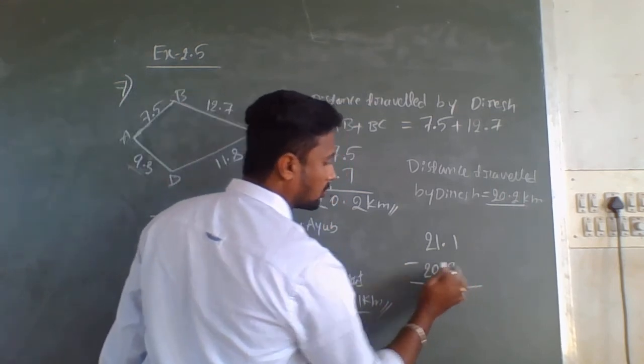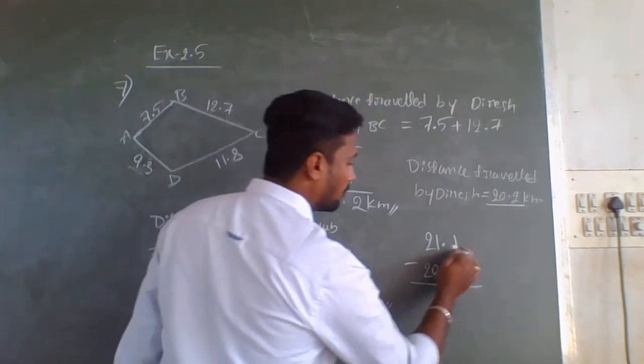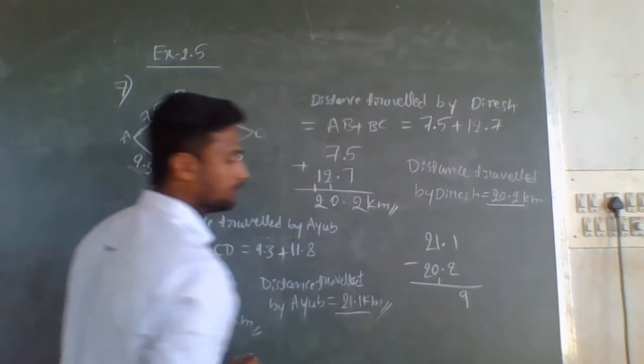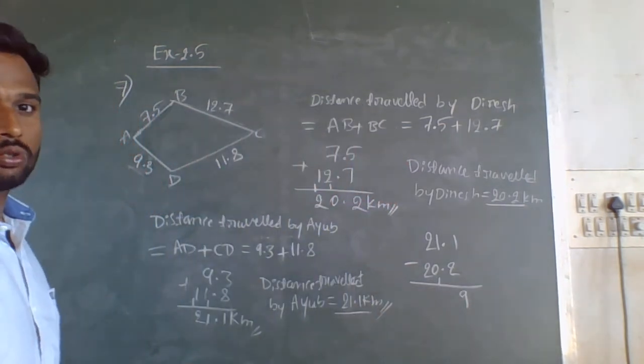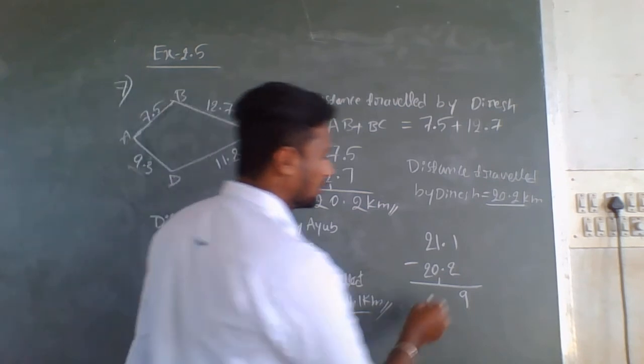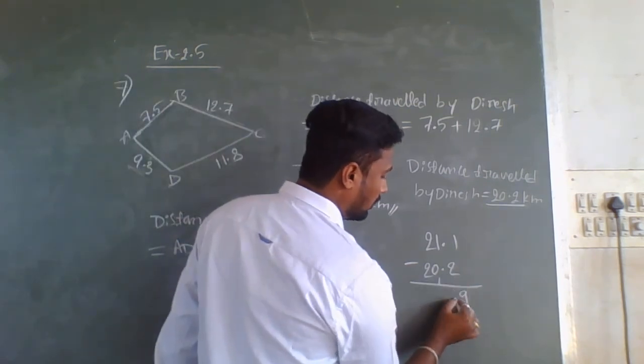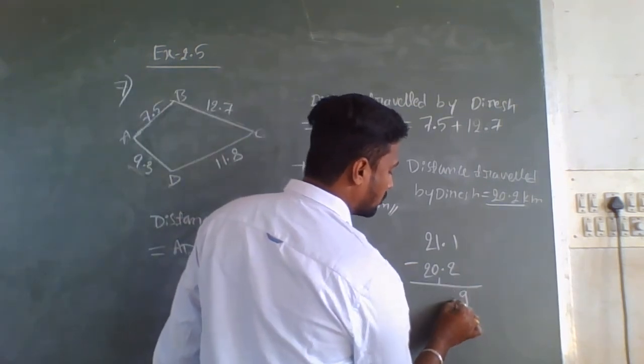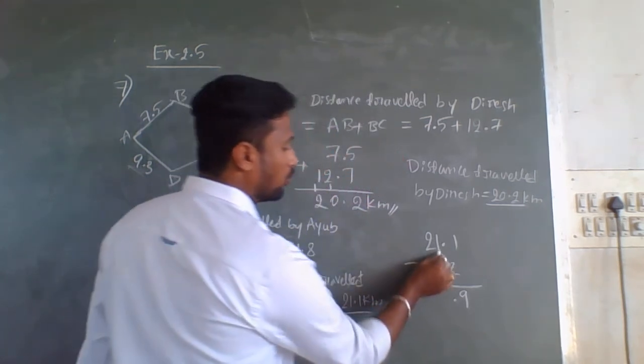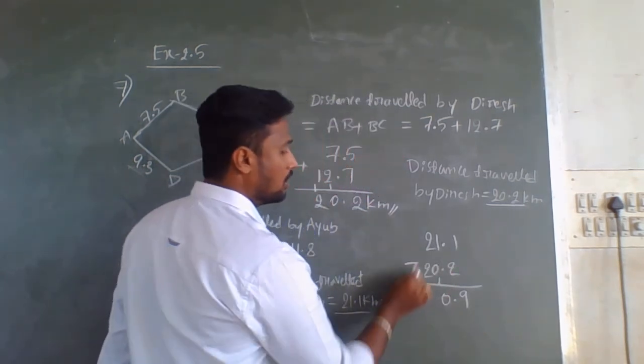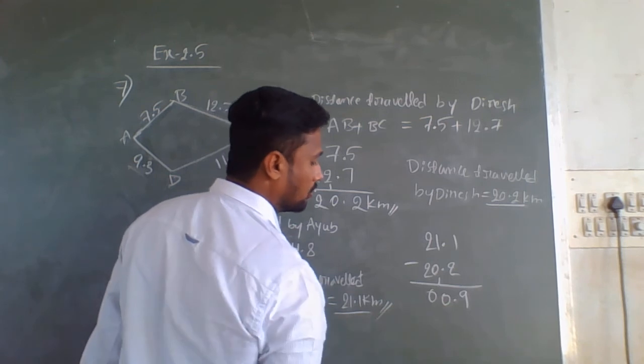So 11 minus 2, what do you get? 11 minus 2 means 9. Next, after one digit, the decimal point is there, so here I will put one decimal point. 1 minus 1, what do you get? 0. Next 2 minus 2 means 0.